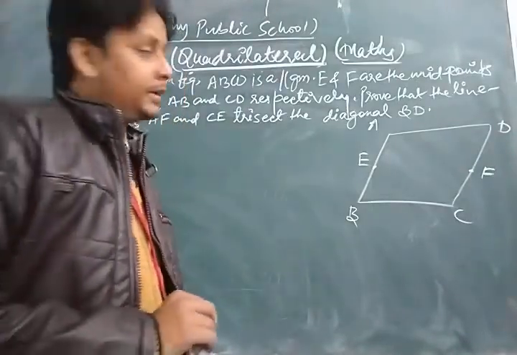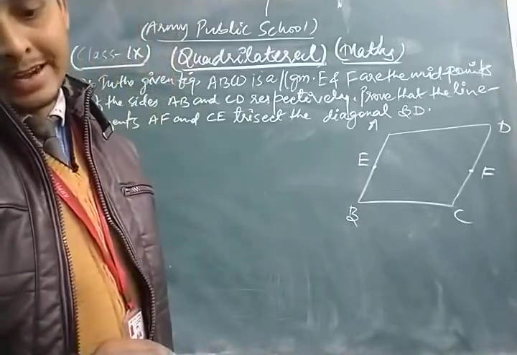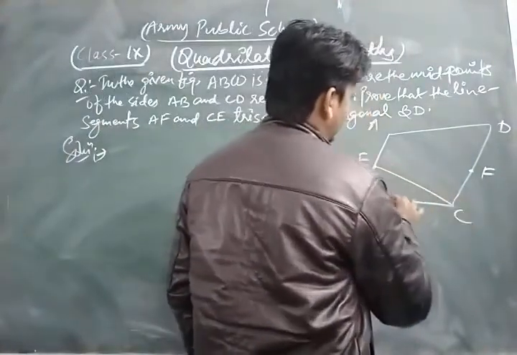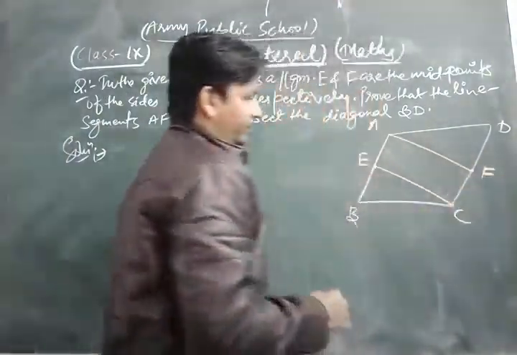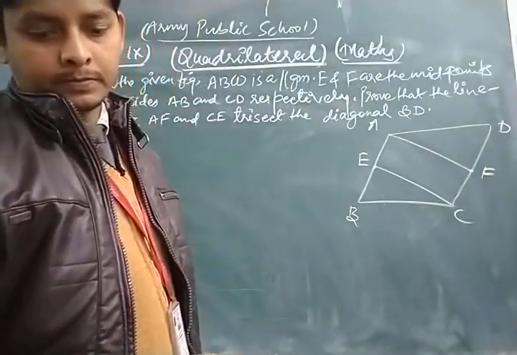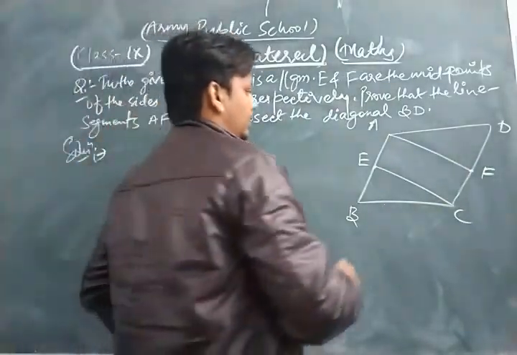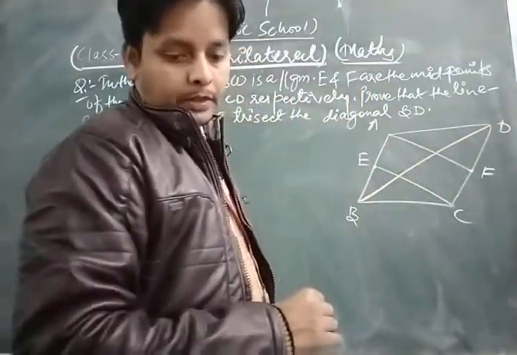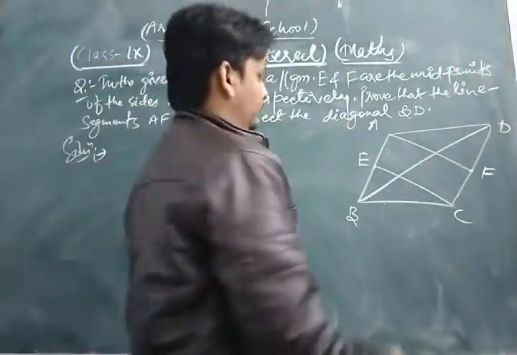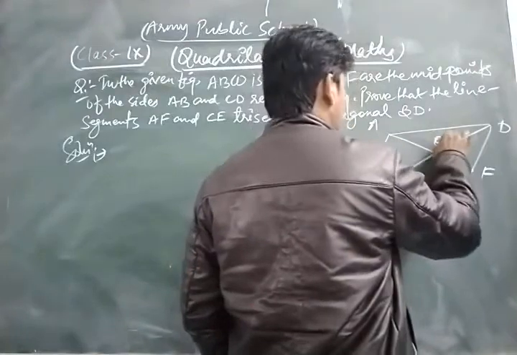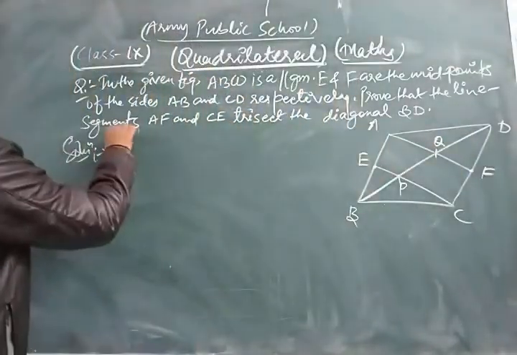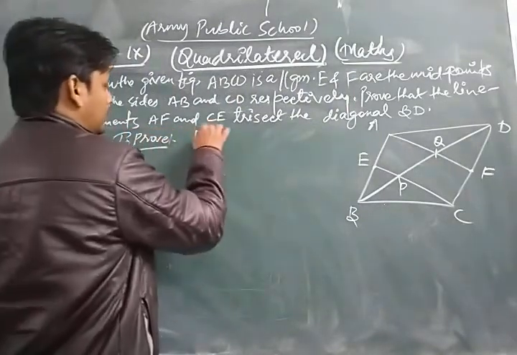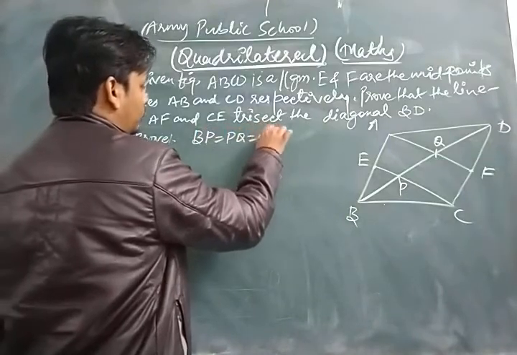We have to show that the line segments AF and CE, when we join CE and AF, trisect the diagonal BD at P and Q. This is P, this is Q. Trisect means we have to show that BP is equal to PQ is equal to QD.